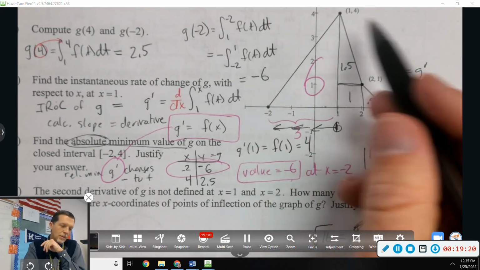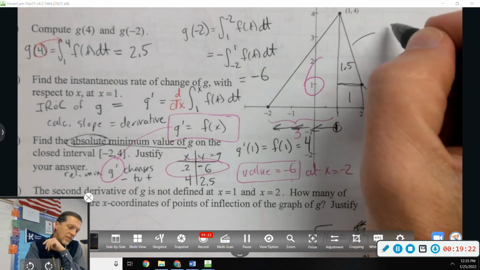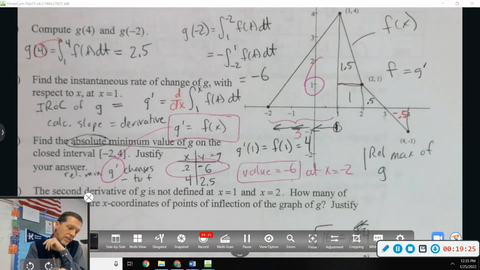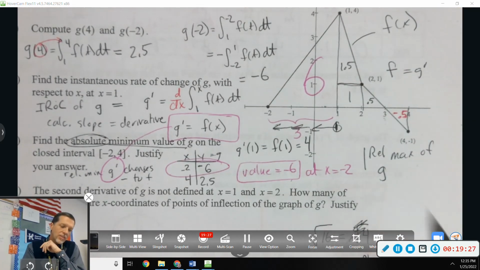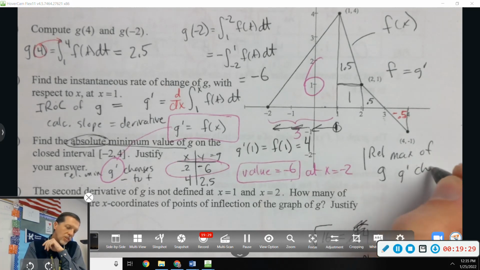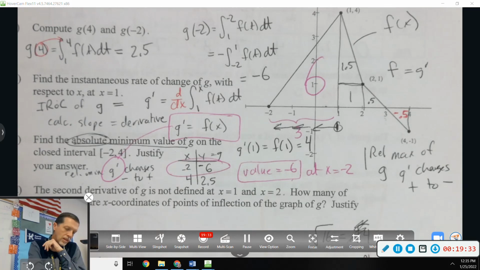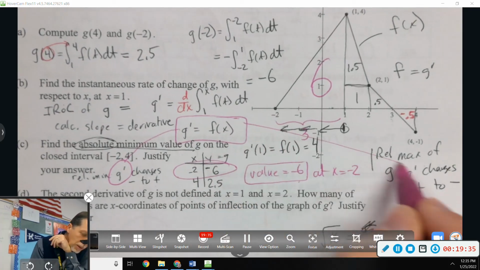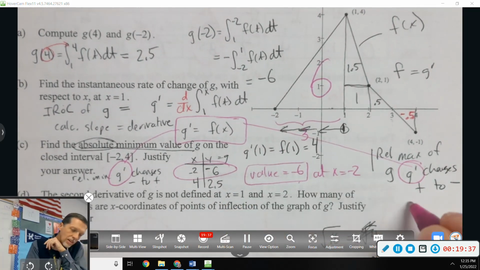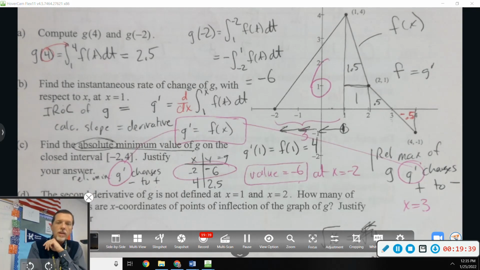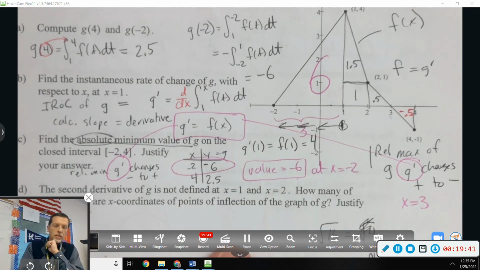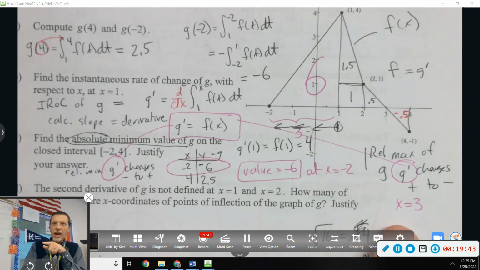Well yeah, that's a maximum, but this is the graph of F. A max of G would be where G prime changes positive to negative. But G prime is the same as F, so that would be at x equals 3. And so if we were looking for the absolute max, I would put another entry in our table. Endpoints and relative max.